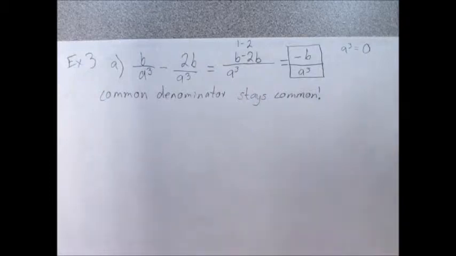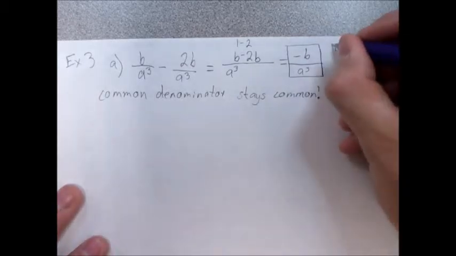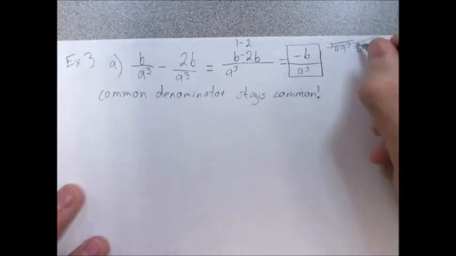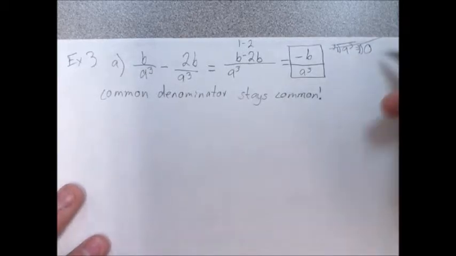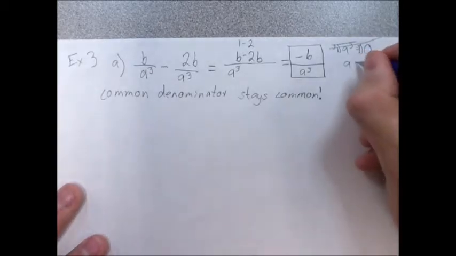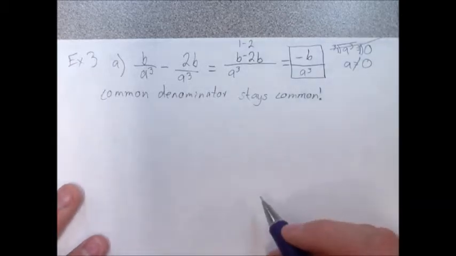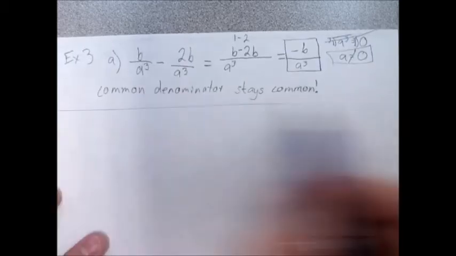What can a not equal? 0, right? If I wanted to solve this, I would have to take the cube root of each side. That is asking what multiplied by itself 3 times is 0 in this case. And the only thing multiplied by itself 3 times that is 0 is 0. So, a cannot equal 0. Questions?